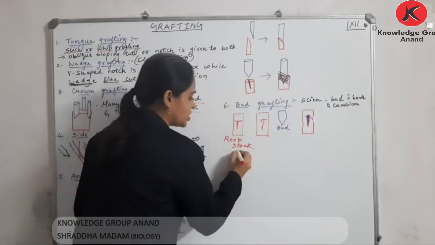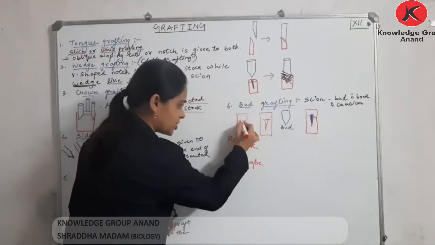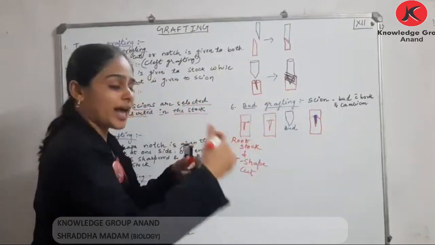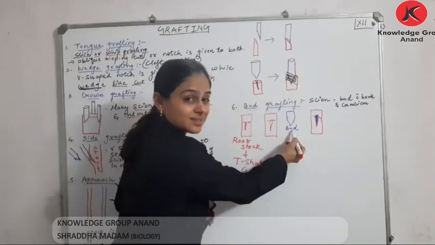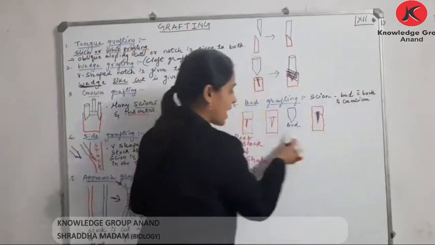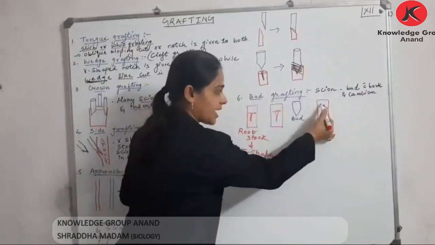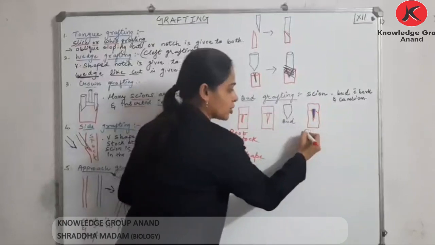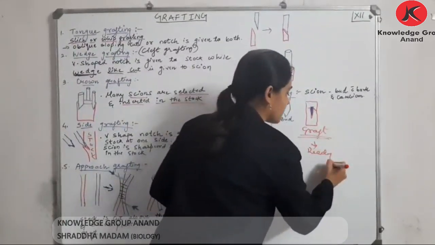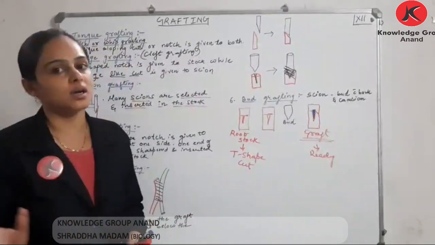I have made a T-shape cut on it. What I am going to do is insert this bud with a little bark and cambium in this T-shape cut, as you can see over here. So your graft is ready. Am I clear? So this is your bud grafting.